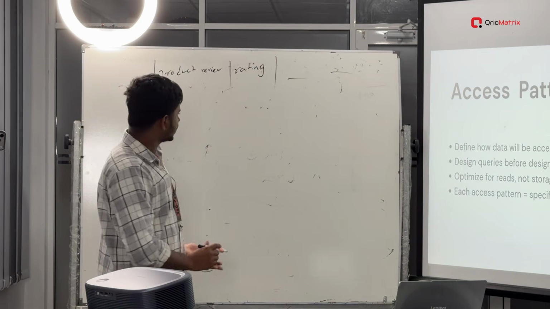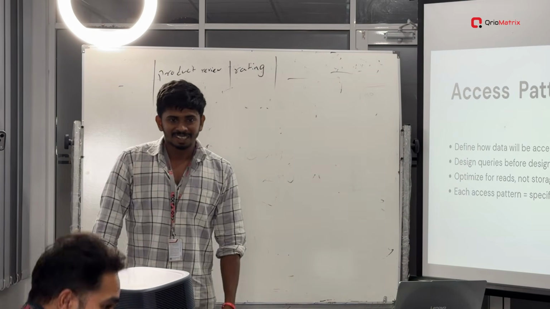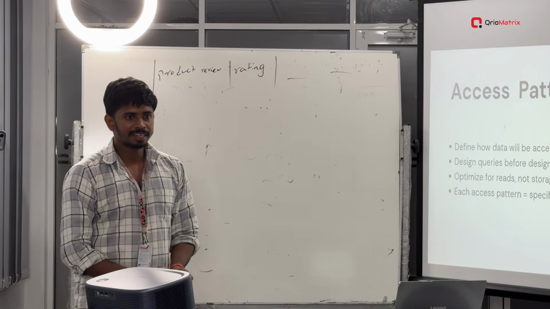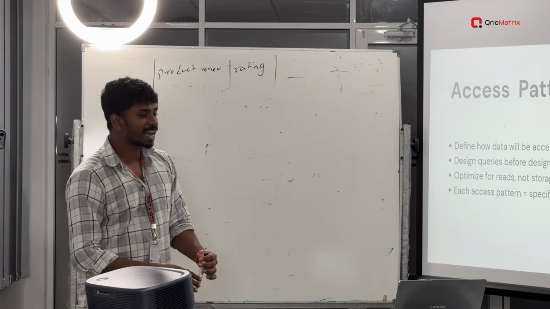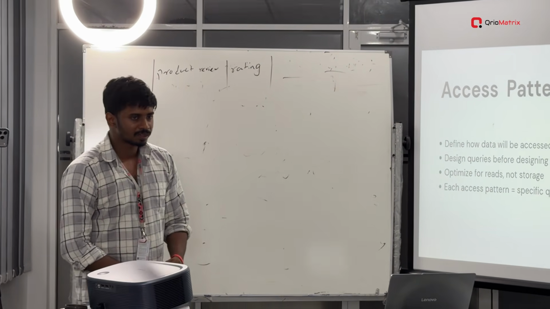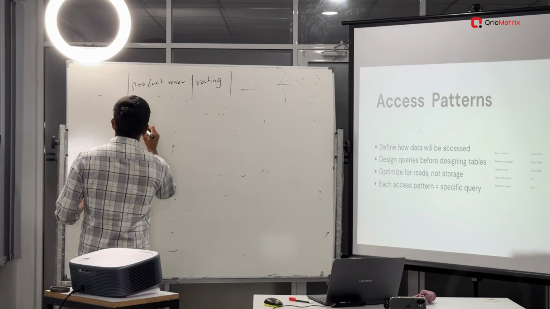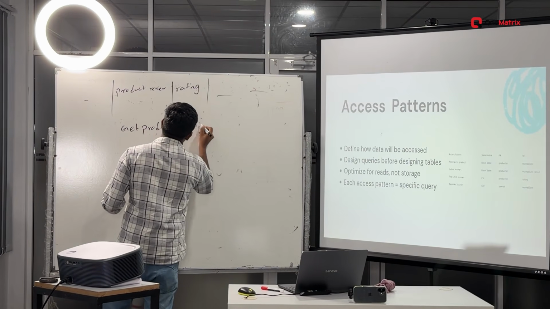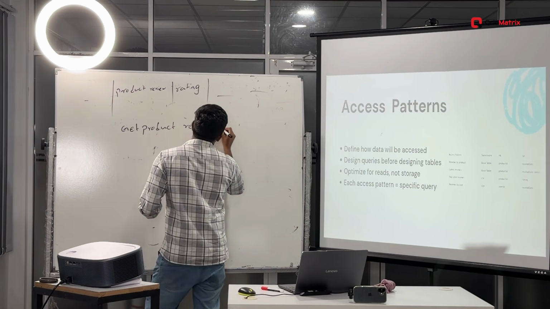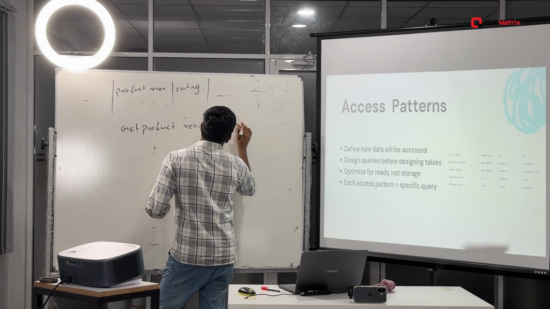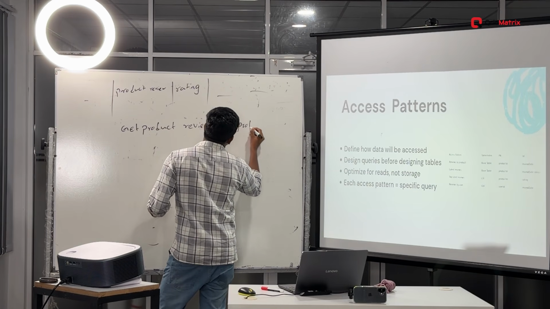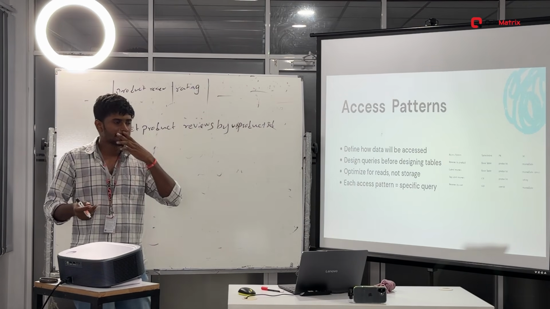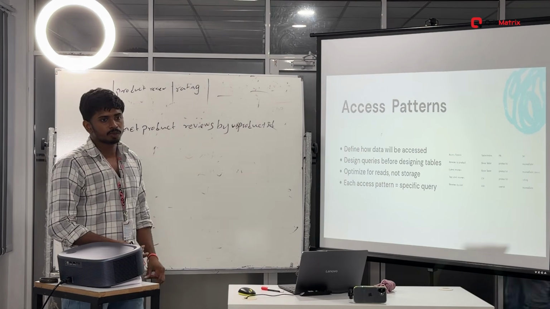Think you need to list the data using the product ID. So what will be the access pattern? Get product reviews by product ID. You just need to get the product review data using the product ID.